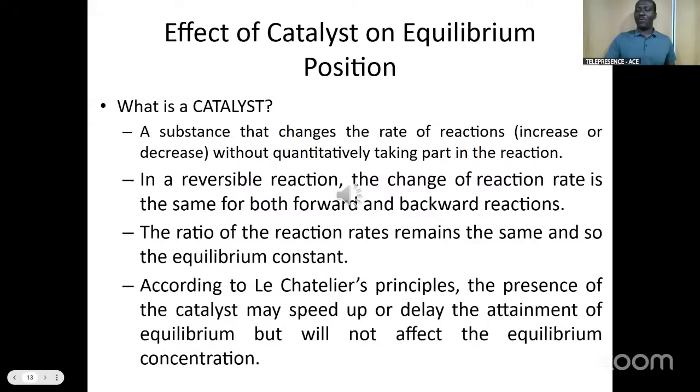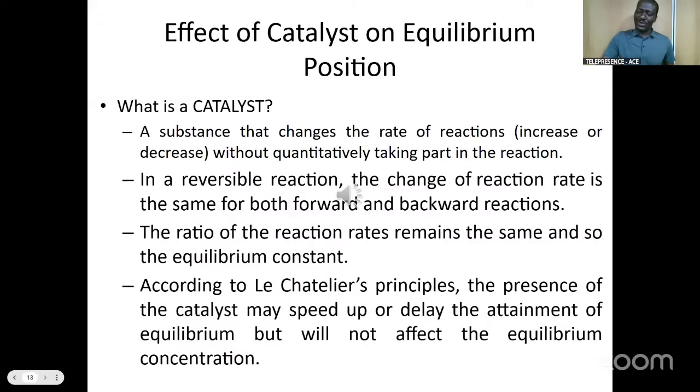If you have more gaseous products than you have gaseous reactants, we say delta N is positive. Therefore, an increase in pressure will invariably cause an increase in the number of moles of the product more than the reactant, and that's a stress.